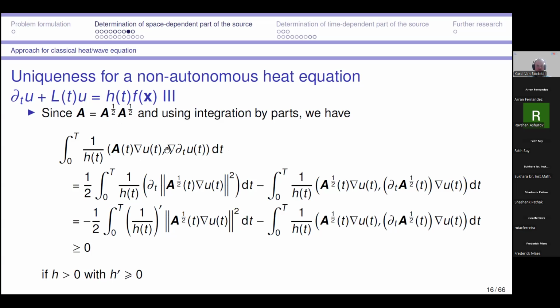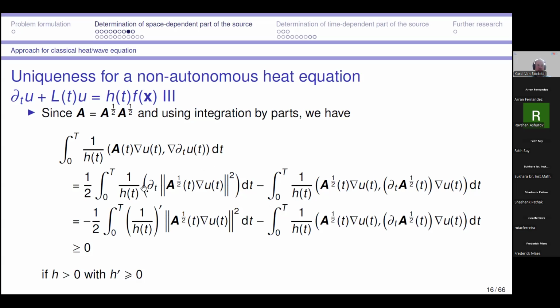So we have A^{1/2} here, and we rewrite the second term in the derivative as the time derivative of A^{1/2} gradient u, and then we correct with this term. So we can rewrite the result as 1/2 of this integral minus the correction term, and then on the first integral you may apply integration by parts.